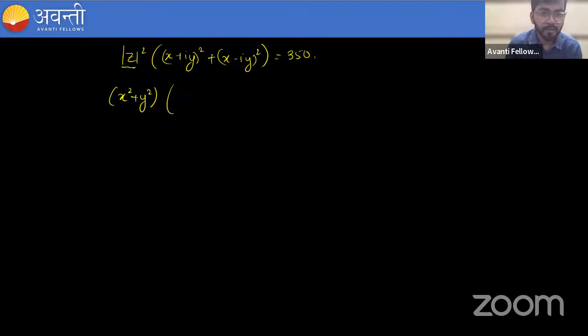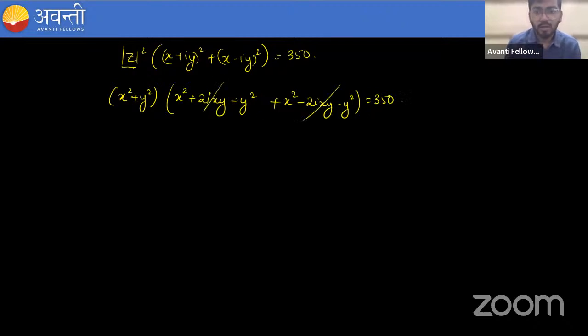And here inside it will become x square plus 2ixy plus i squared y square, which is minus y square, plus x square minus 2ixy minus y square equals to 350.